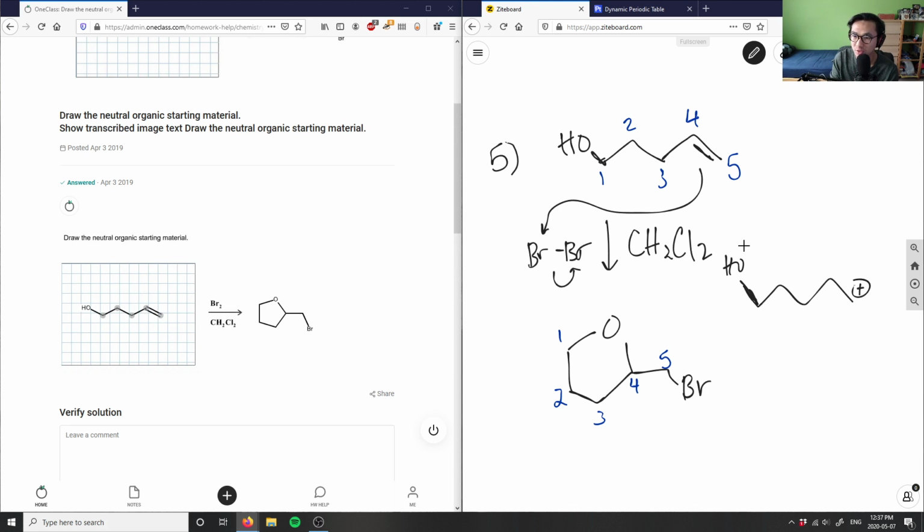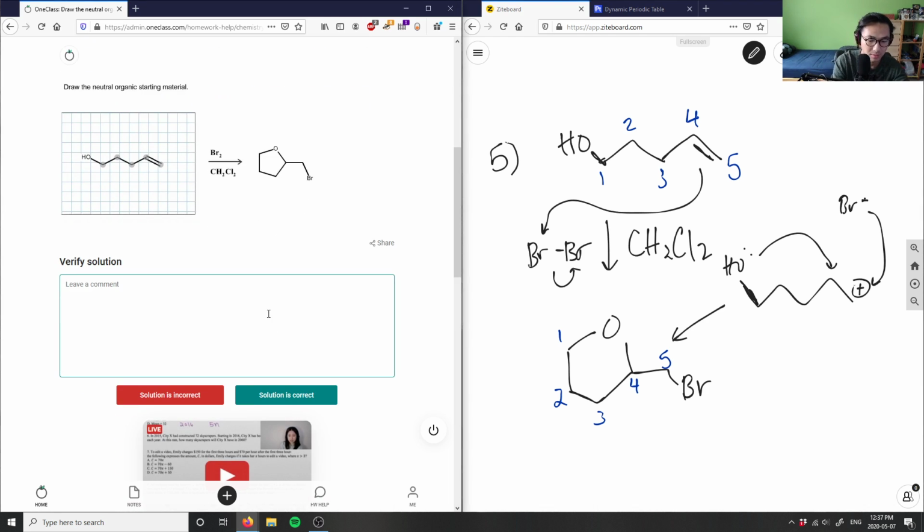And then it's attracted to this oxygen, so it's actually going to fold into here. And then the Br minus is attracted to this positive charge here, right? So this folds in first to make the ring, and then this Br minus is going to attach to the 5th carbon here. That's how it forms this guy here. So the solution here is correct. It's a great analysis as well. I just didn't really write analysis, so I'm just going to say the solution here is correct. That's about it.